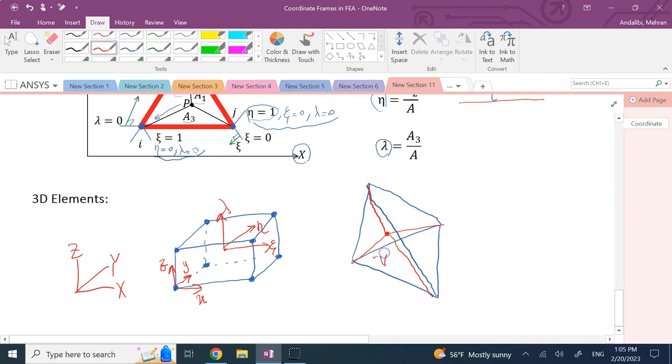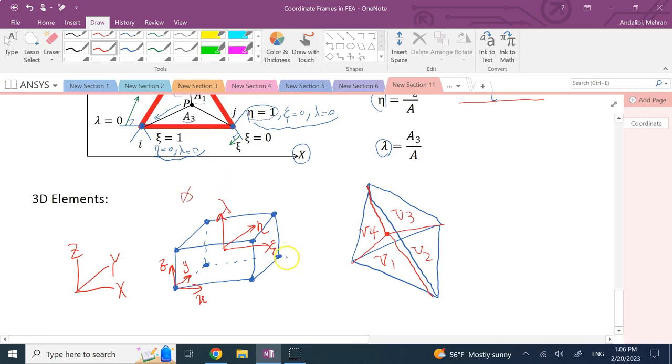You might call them, for example, V1, V2, V3, and V4. The ratio of those V's over the entire V, the volume of the tetrahedron, gives you 4 parameters. You might call them phi or anything, it doesn't matter.